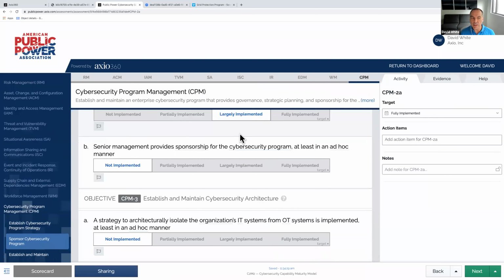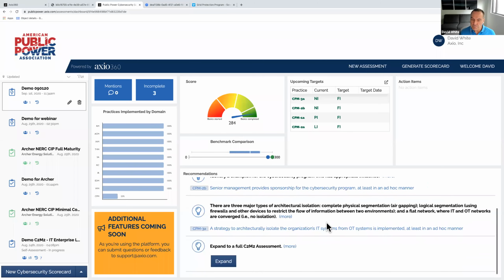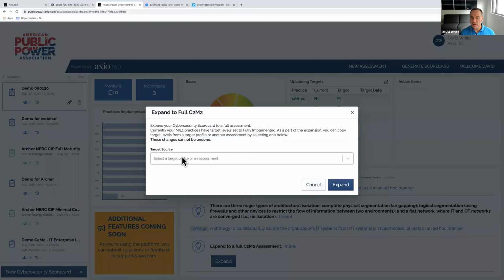So you can complete an improvement journey at MIL1. Then you can jump back to the dashboard here. You see my score went up a little bit from 279 to 284. And then when you're ready to expand, you can click this expand button.